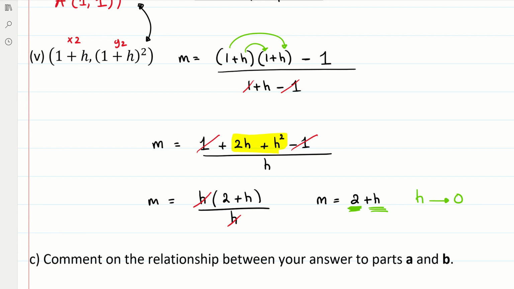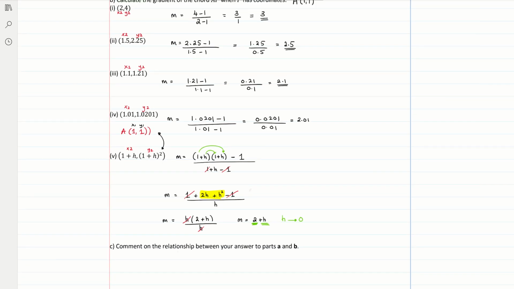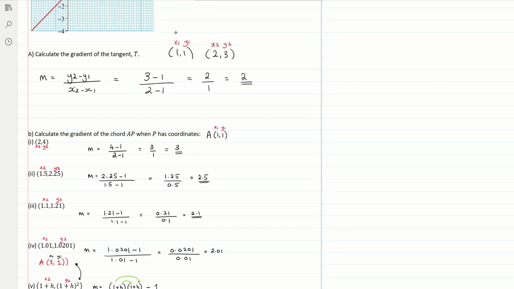So part C says, comment on the relationship between your answer to parts A and B. Well, B, this whole thing, shows us that as the distance between A and P gets smaller, the gradient of the chord gets closer and closer to the gradient of the curve, the gradient of the tangent at that point.